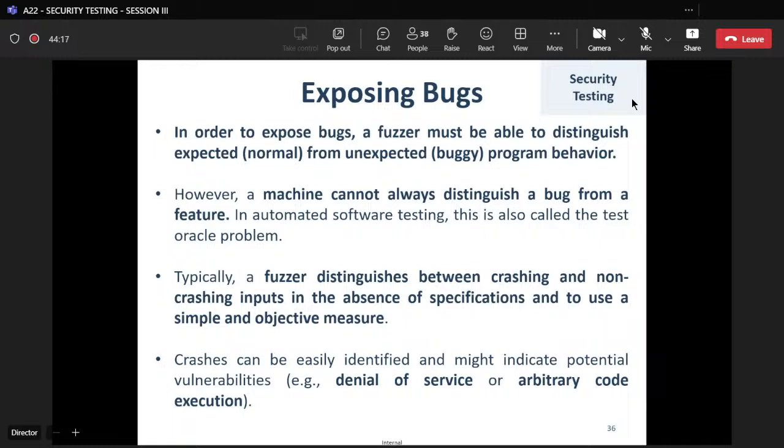Can we call fuzz testing a negative testing, sir? Yes, we can say that it is a kind of negative testing. You're trying to identify the bugs or the errors in the program, so you can call that negative testing also.